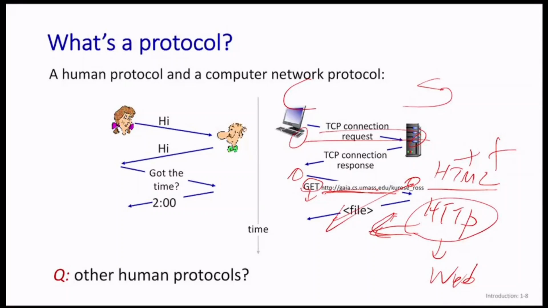So this is the client, this is the server. If we request, for example, the base HTML file and other references, the server will respond by giving that HTML file and other referenced objects like images, text, and audio for that web page.